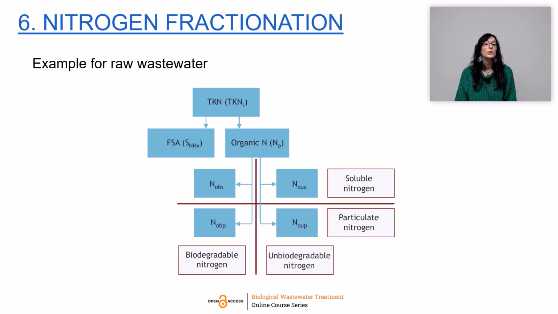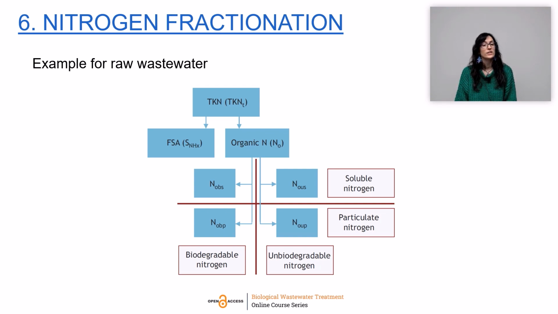Here we start with a similar scheme as basis. We can divide the total nitrogen concentration into two fractions, free saline ammonia, or FSA, and organic nitrogen. Since the inorganic nitrogen in the form of nitrate and nitrite is typically negligible, we will not consider it in the calculations.